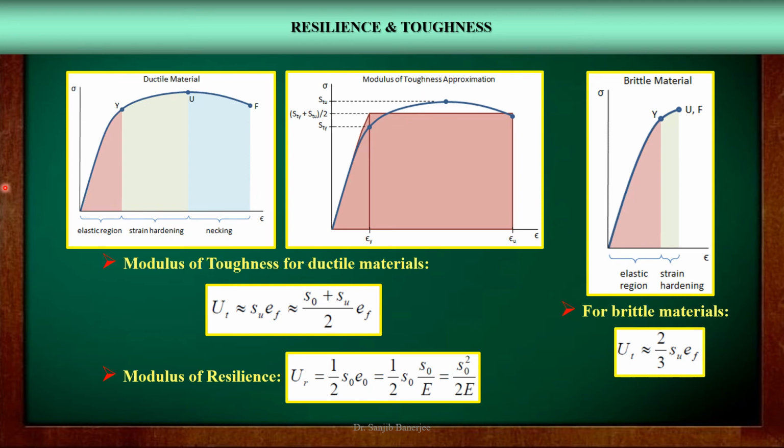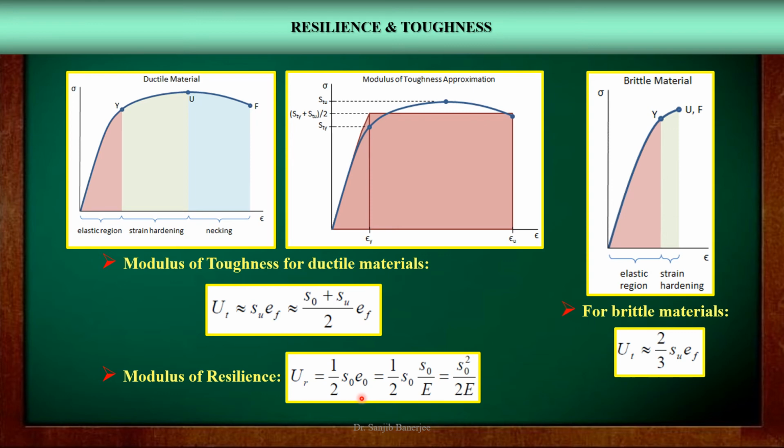Now, if we calculate this area, it can be approximated to a right-angled triangle where the height is the yield strength denoted by S0 and the base is the elastic strain up to the yield point, which is denoted by E0.